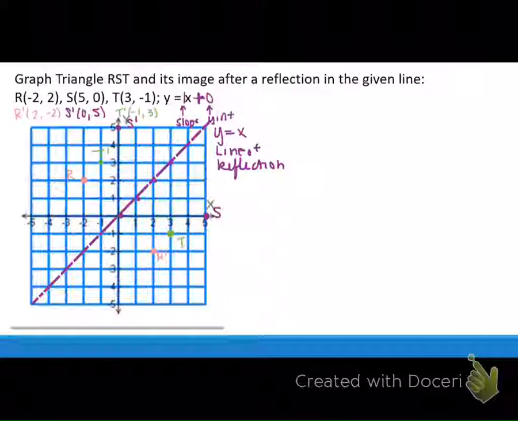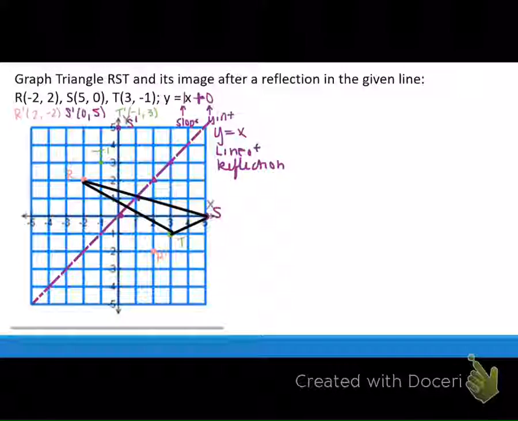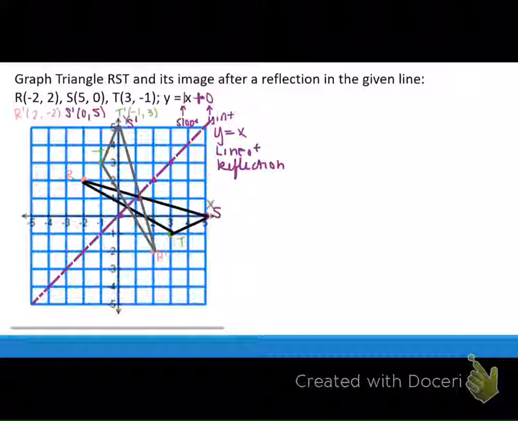So R goes to S, which goes to T. And that reflected to become R prime goes to S prime, which goes to T prime. So you see if you folded it over, it would create that wonderful shape that's happening there.